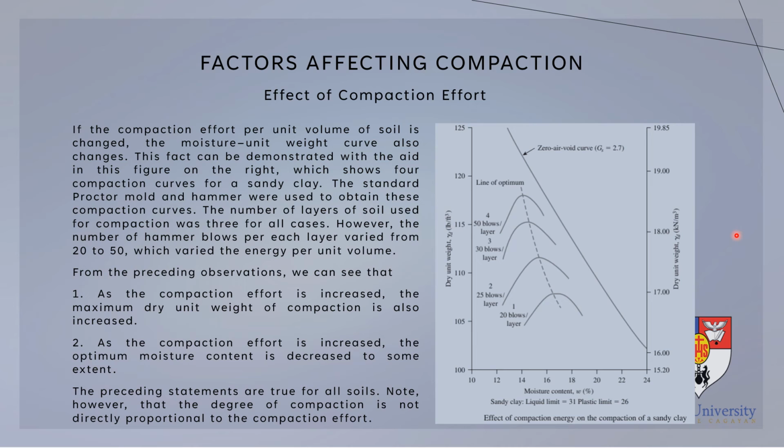The number of layers of soil used for compaction was three for all cases. However, the number of hammer blows per layer varied from 20 to 50, which varied the energy per unit volume. From the preceding observations, we can see that as the compaction effort is increased, the maximum dry unit weight of compaction is also increased.